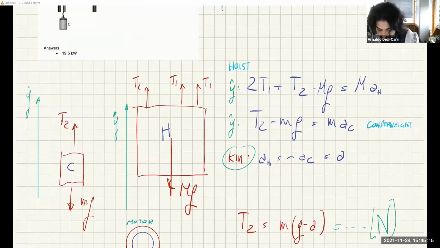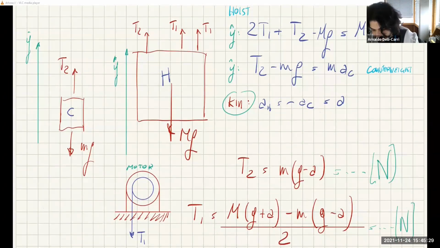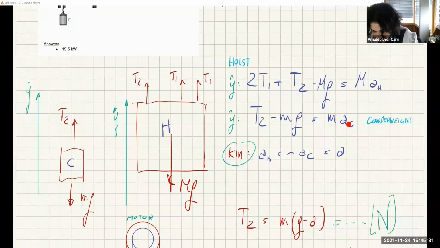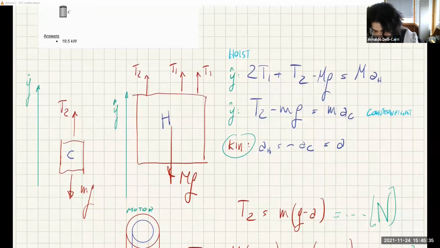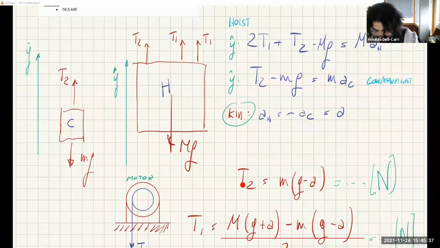An acceleration in the positive y direction for H is an acceleration in the negative y direction for C. So AH is minus AC, and I call it A for both of them. So I can just say this is minus MA, and this is MA. From here I find T2, which is M times G minus A. Very easy.